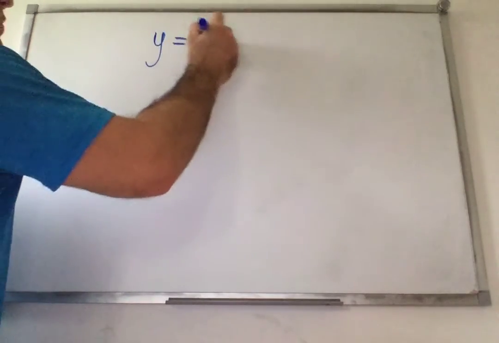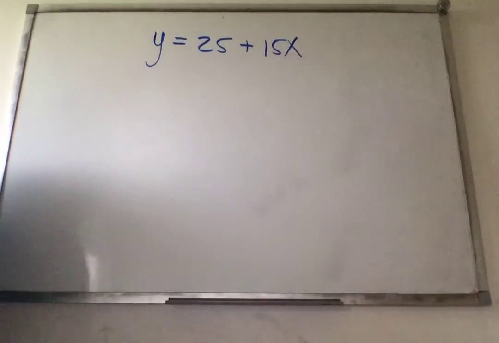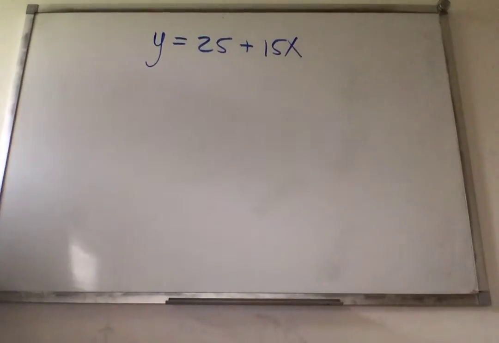For each tutoring session, she charges a one-time fee of $25 plus $15 per hour of tutoring. A linear equation that expresses the total amount of money Svetlana earns for each session she tutors is y = 25 + 15x. What are the independent and dependent variables? What is the y-intercept? And what is the slope? Interpret these using complete sentences.